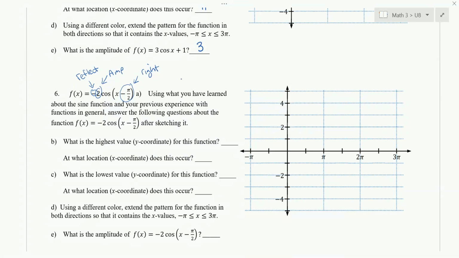You go right pi over 2, which in our, this is marked by pi over 2 because that's pi. This would be pi over 2. This is 2 pi over 2, 3 pi over 2, and so on.